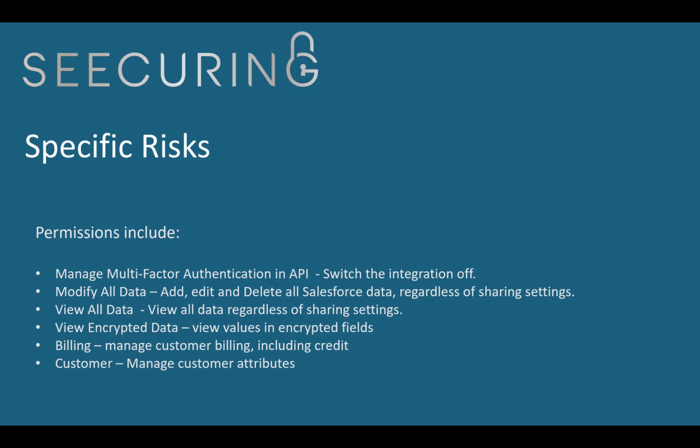Billing. Yeah, I mentioned that reference before. Manage customer billing, including credit. I can phone up a customer and say, hey, it's the end of our year. If you order today, I'll give you 6 months payment terms as opposed to 30. I'm not authorized to do that.